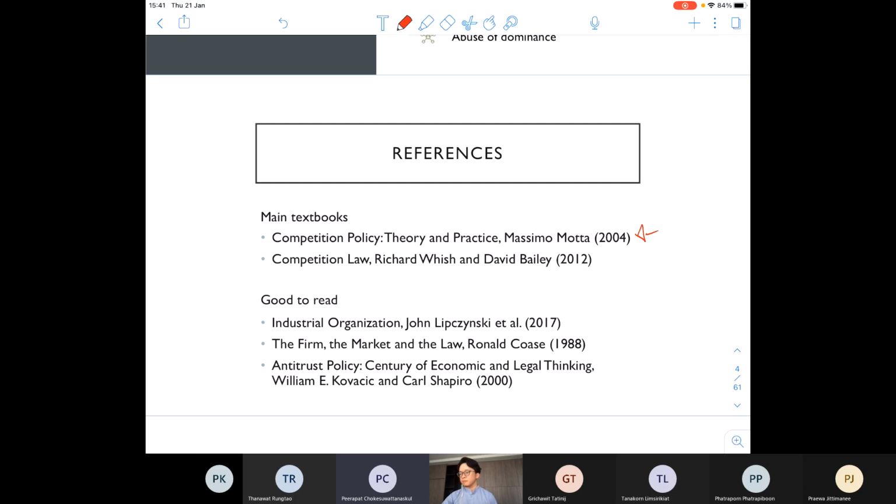Good to read. If some concepts are a bit unclear, you might want to have a look at industrial organization, which you can call the economic twin of competition law. When you study it in economics, it is called industrial organization. And all other things are good to read if you have time.